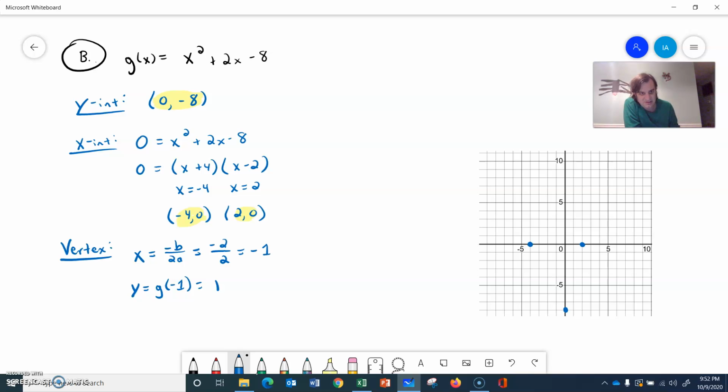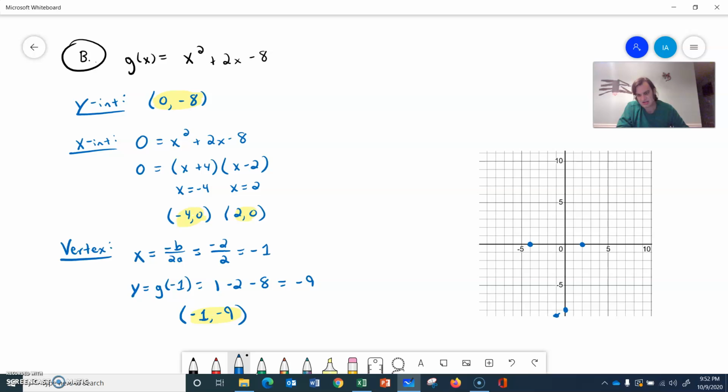So that'll be 1 minus 2 minus 8, negative 9. Yep. So just barely going to squeeze that in on the graph. Negative 1, negative 9 is the coordinate for the vertex. We'll put it right about there.